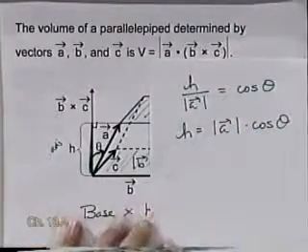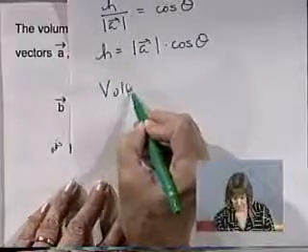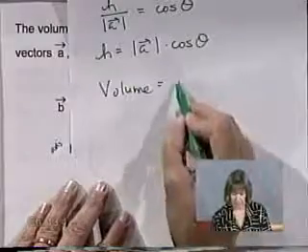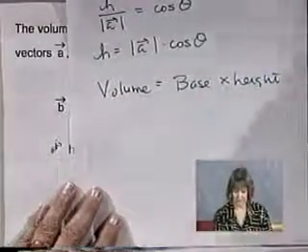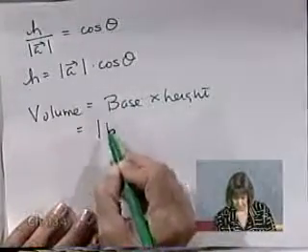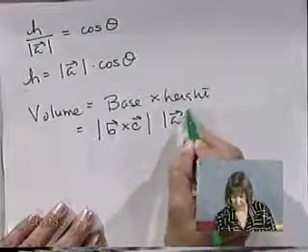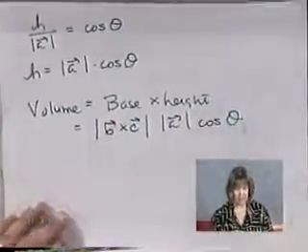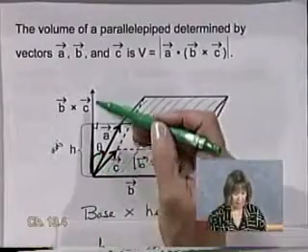So I said the volume of this parallelepiped is equal to the area of its base times its height. The area of its base was the magnitude of b cross c. The height is the magnitude of A times the cosine of theta. But remember, what's theta? Theta was the angle between A and b cross c.